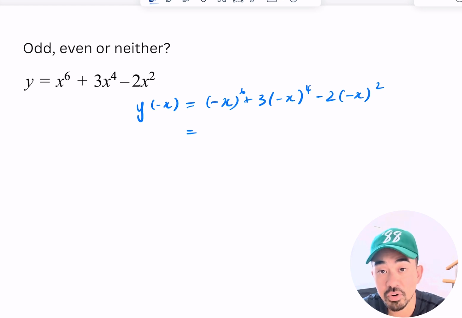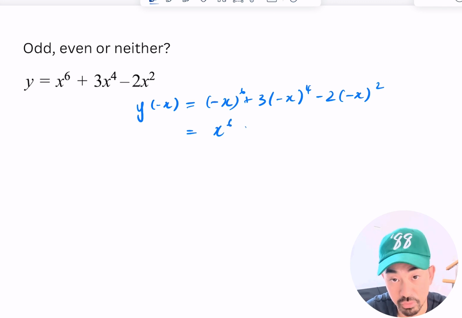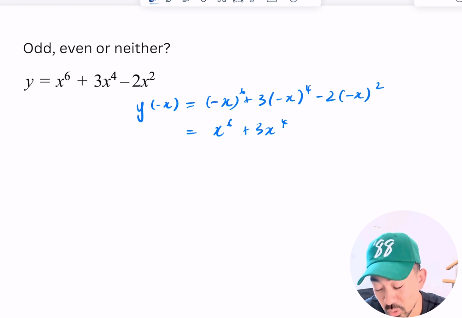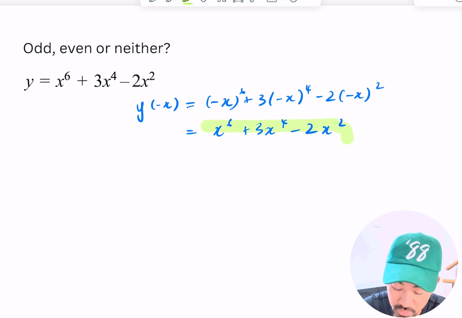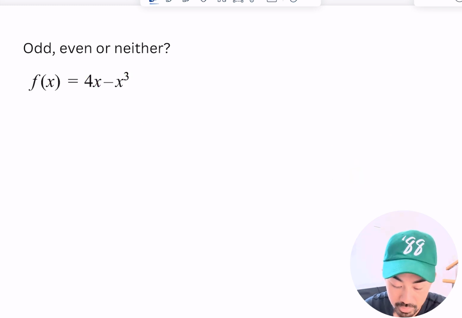Okay, so any even power is just going to turn out to be positive. So minus x to the 6 is just x to the 6. Minus x to the 4 is just plus 3x to the 4. And then likewise, minus x squared is also just going to be x squared, so minus 2x squared. So once again, ask yourself, is this function just the original function? And if it is, then it's even. So yes, even.